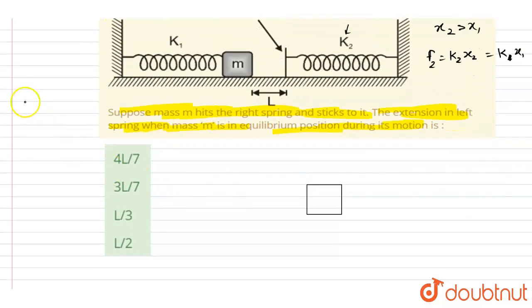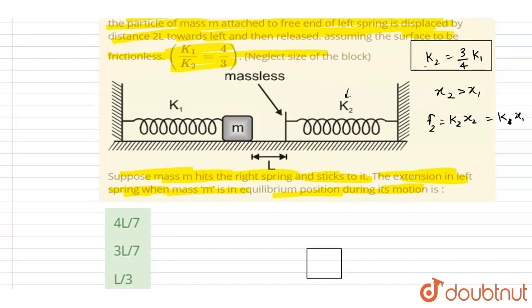So if you see the diagram here, we want the two forces to be equal. And if it strikes and attaches with this spring, let's say the two springs will apply forces if it is extended. If it is compressed, then what will happen in the compression part?